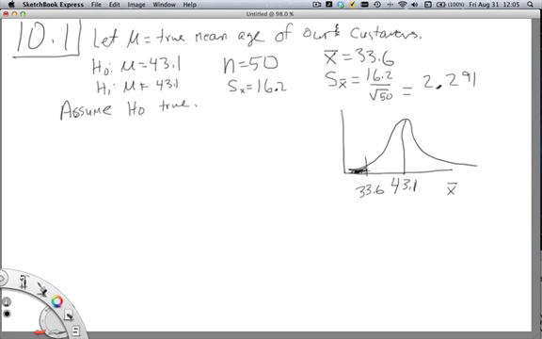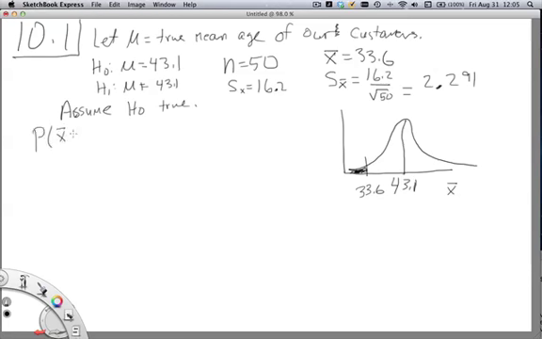However, if the area in that tail is big, then our conclusion is 33.6 could have arisen from a sampling distribution with a mean of 43.1. So let's go find the area of that tail.